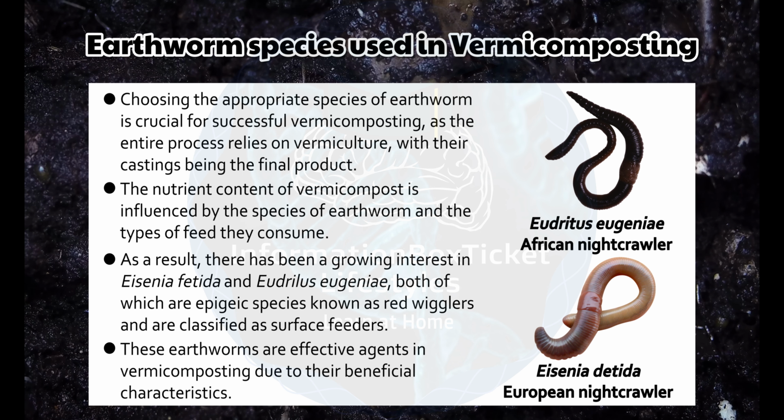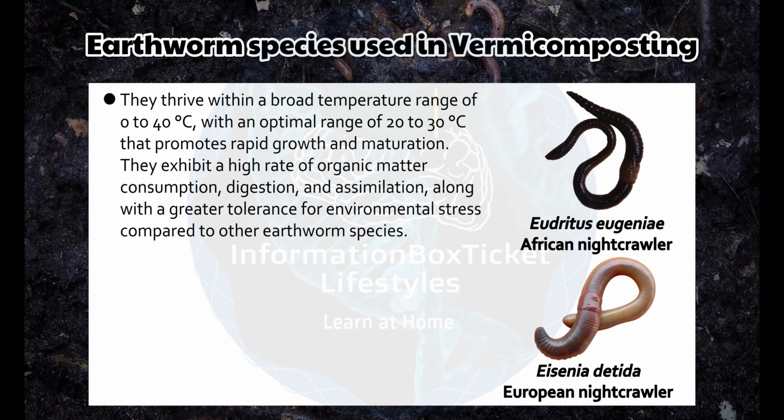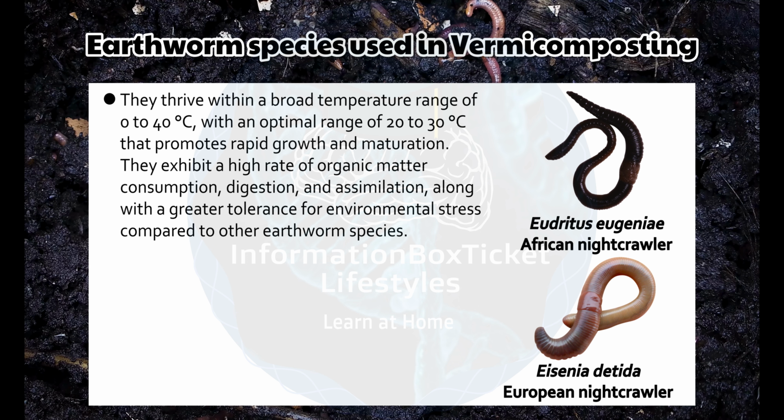These earthworms are effective agents in vermicomposting due to their beneficial characteristics. They thrive within a broad temperature range of 0 to 40 degrees Celsius, with an optimal range of 20 to 30 degrees Celsius that promotes rapid growth and maturation.